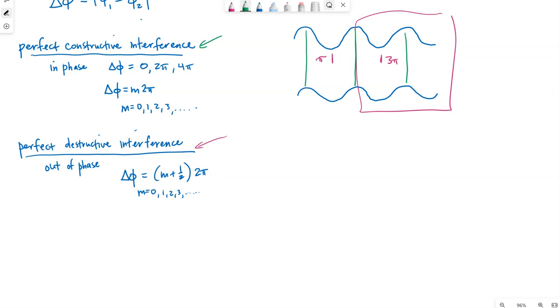In terms of wavelength, I know I can move this bottom wave, and as long as the peaks still line up with the other peaks, then we're still going to have constructive interference.